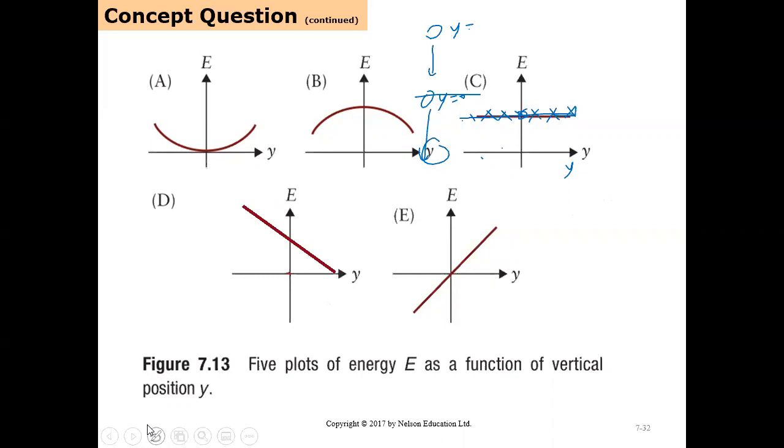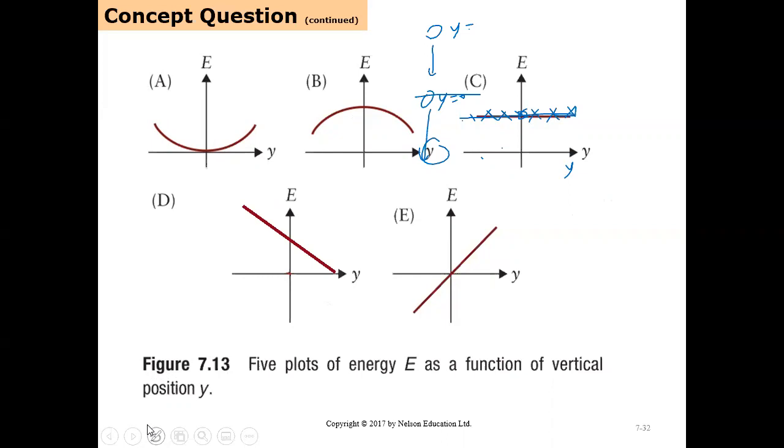So let's say we are dropping it from rest. What is the kinetic energy when we drop? Answer my question. When you drop, it means we release it from rest. What is its kinetic energy? 0. V equal to 0, kinetic energy is 0.